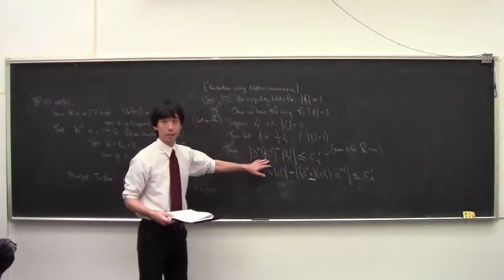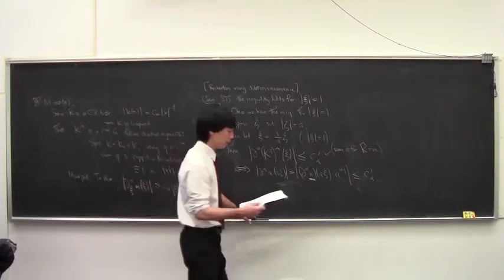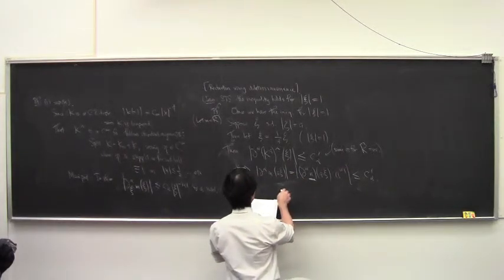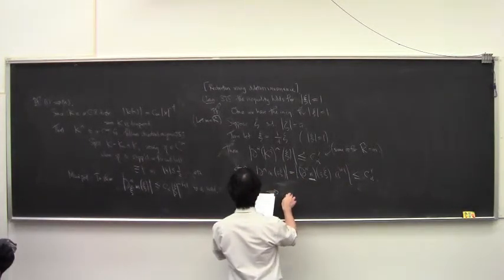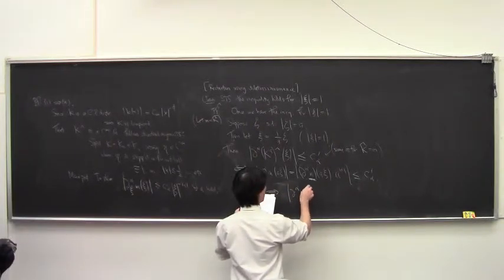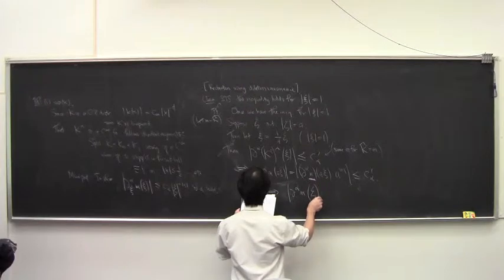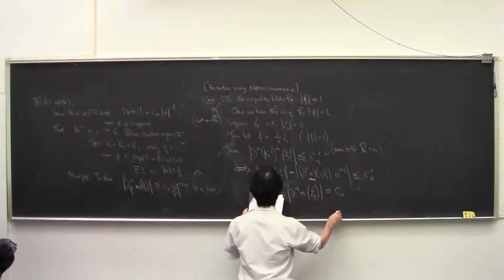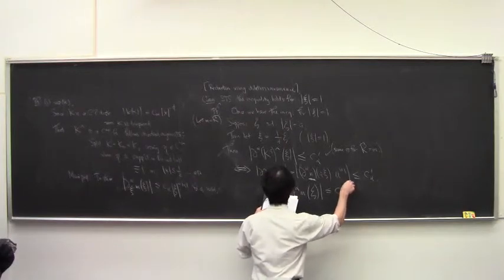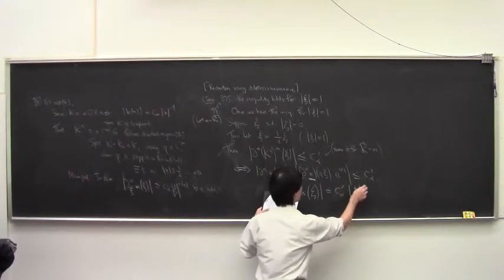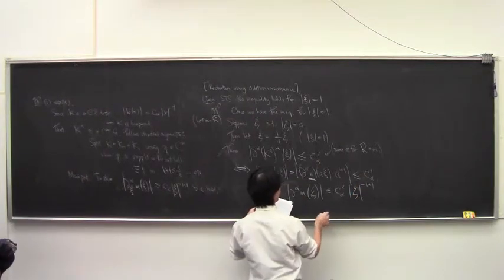So we just take the derivative of this guy, and that's to say that the derivative alpha of M evaluated at zeta is less than or equal to C alpha times the absolute value of zeta to the negative alpha.